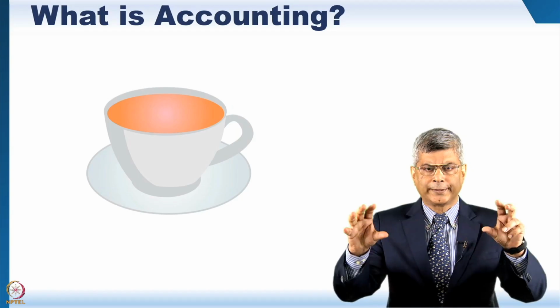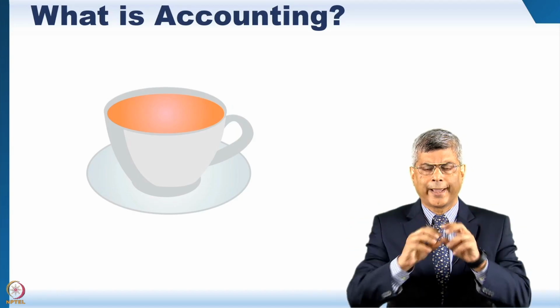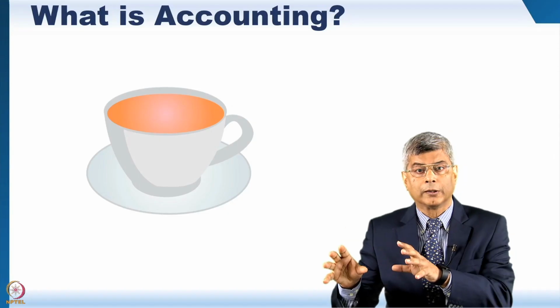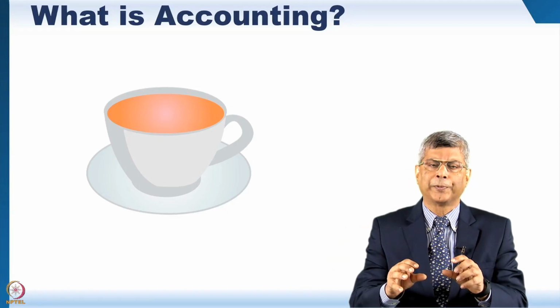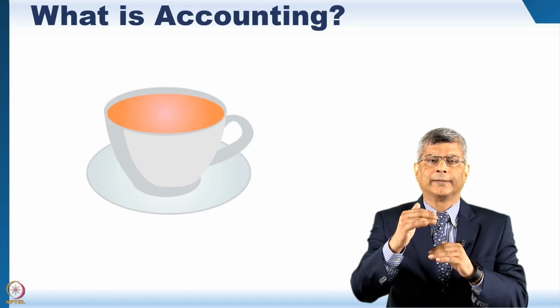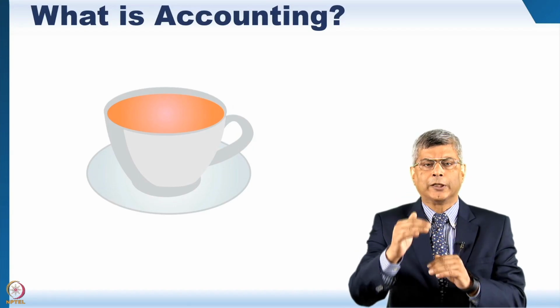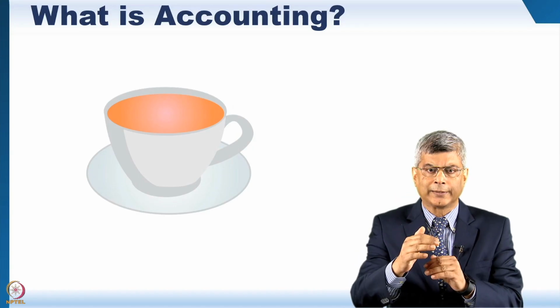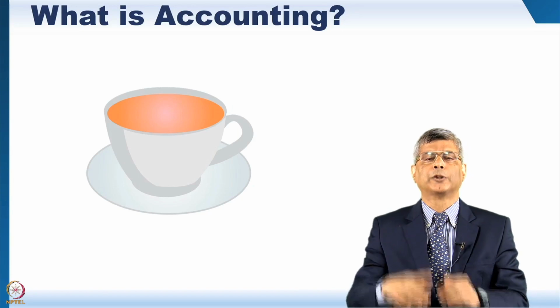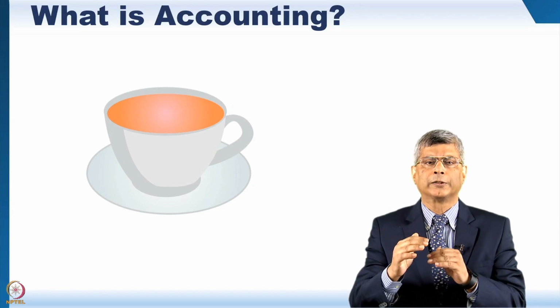So 100 rupees sales, 80 rupee cost, 20 rupee profits. Or 120 rupee cost, 20 rupee loss. This is the first concept of accounting and a financial statement called the income statement. It's also called the profit and loss statement.